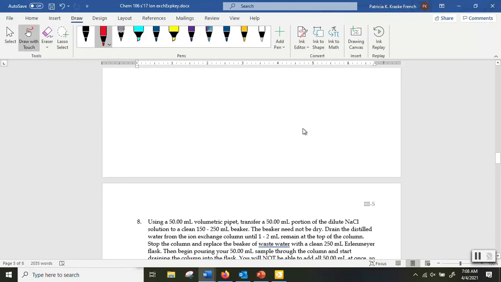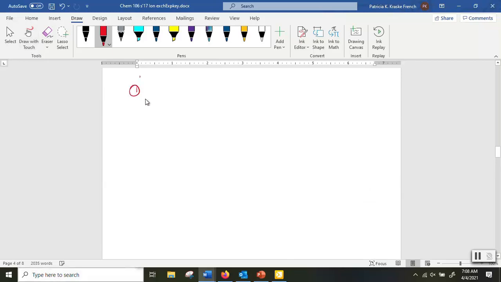Okay, now let's really quickly remind ourselves what we did. What we did, first of all, was take exactly 25 milliliters of an unknown sodium solution and dilute it. We put it in a 250 milliliter volumetric flask and diluted it with water.